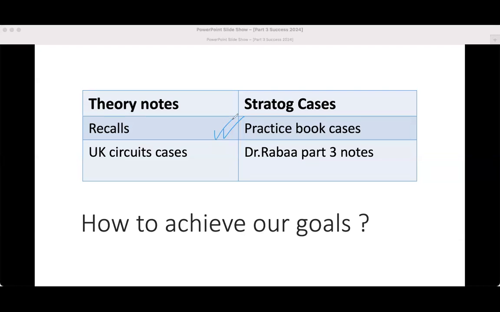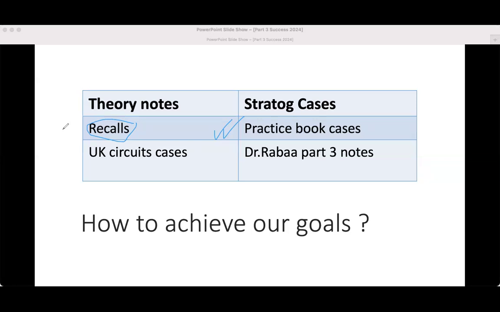The second source is the recalls. Are the recalls important? Yes, important. How important are the recalls in the Part 3 exam? I'll tell you. Some of you already know me from the Part 2, and you're aware that I'm not the person who focuses on the recalls for the theory.